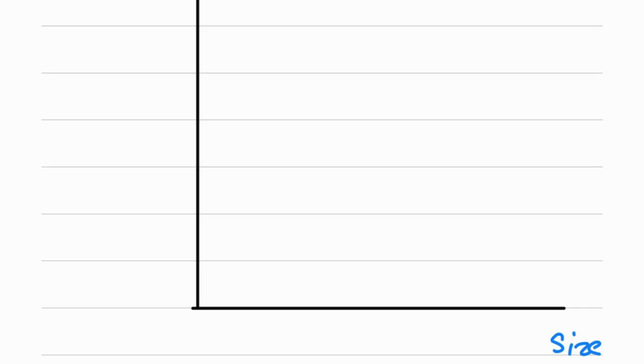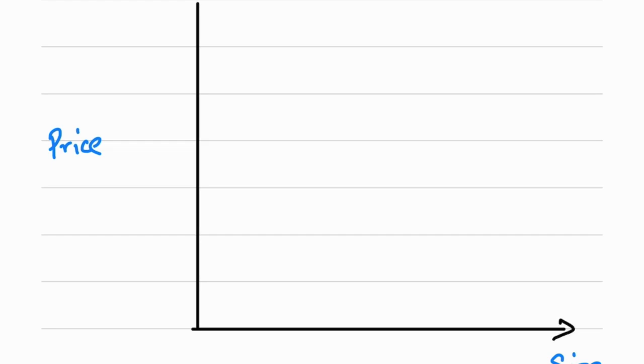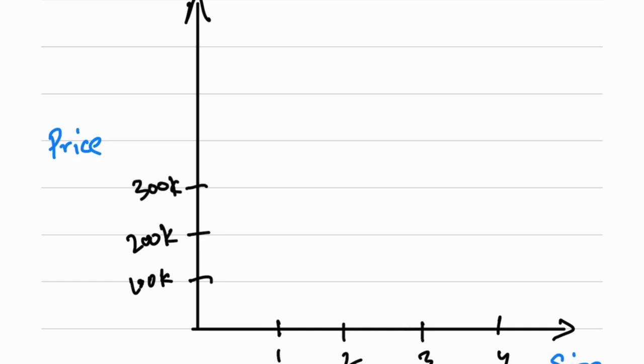Now, let's understand this with an example. Let's draw a graph in which the x-axis represents some metric of size and the y-axis represents a metric of price. And let's put on red dots which represents the price as per the size.